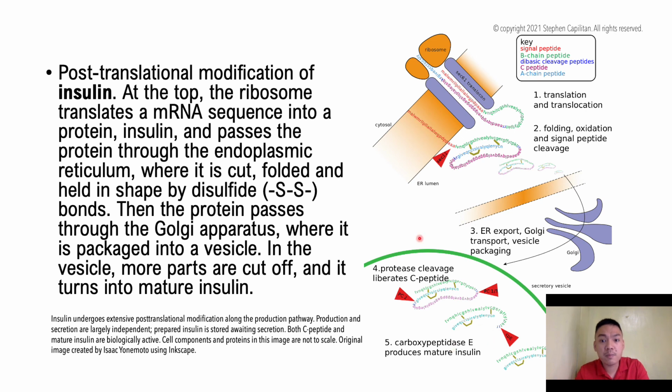So this process is quite complex, but you will just take note that insulin is undergoing extensive post-translational modifications along this production pathway. Production and secretion is really important and largely dependent on the prepared insulin that is awaiting secretion.